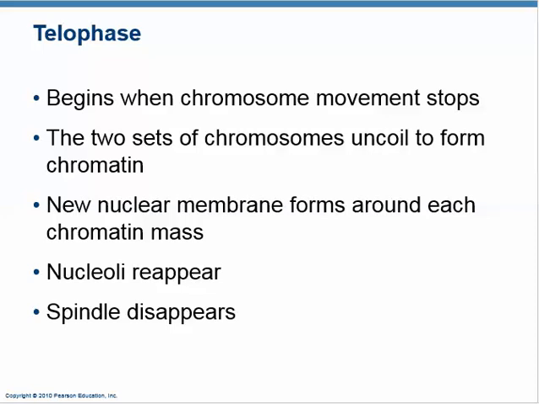The nuclear envelope starts to form around and starts to enclose them. The nucleoli reappear, they start to form, and the spindle, the mitotic spindle, disintegrates and is used up. So really, telophase is prophase in reverse.